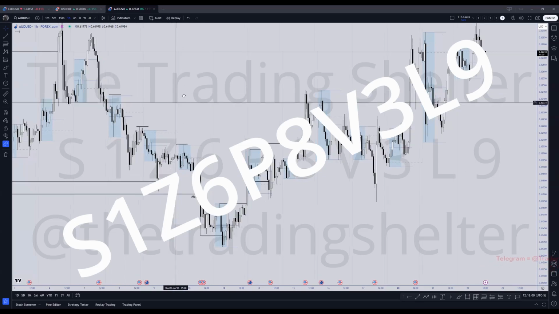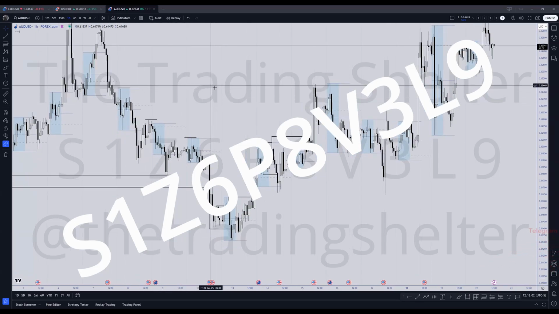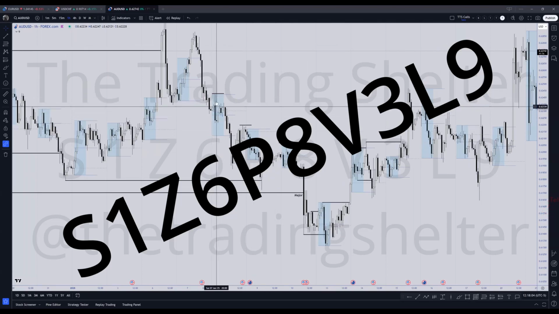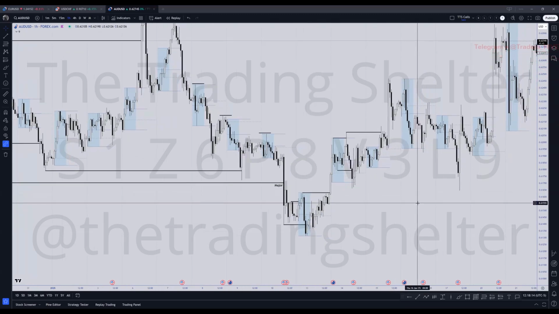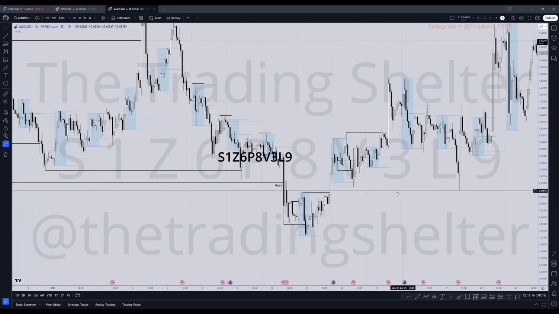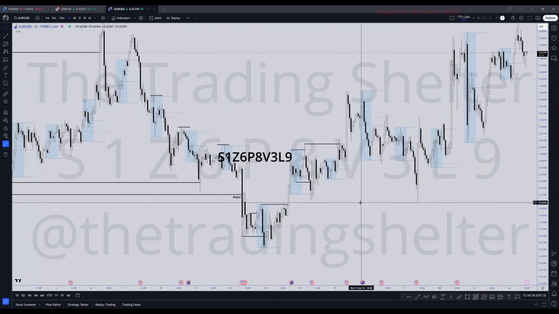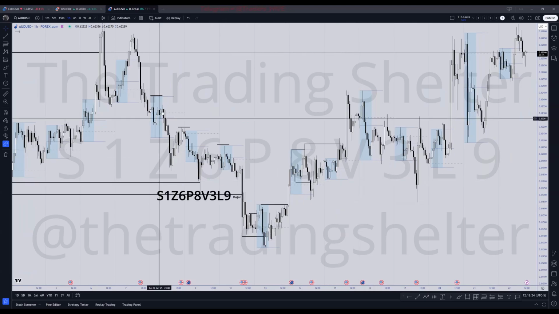Because if you viewed this as a 5 minute chart, you'd have breakout stop losses here, here, here, and even here with the stops above Asian high in this case. That's the point I try to get across a lot of the time, is that it's just targeted liquidity.